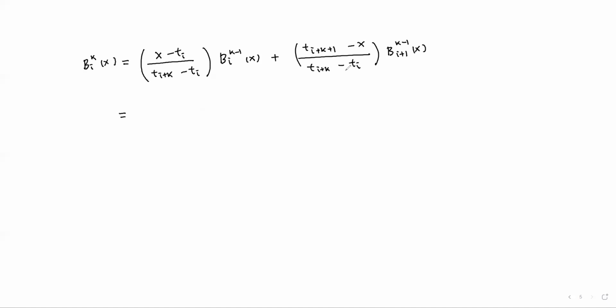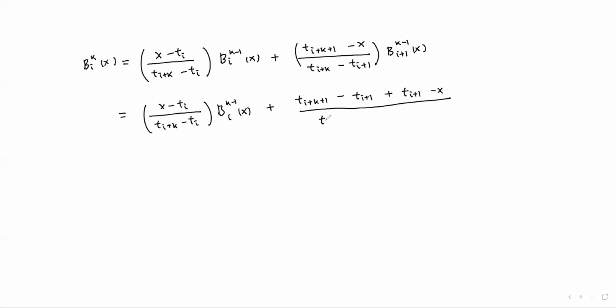Let me rewrite the numerator as TI plus k minus TI plus 1 plus TI plus 1 minus x, over TI plus k minus TI.